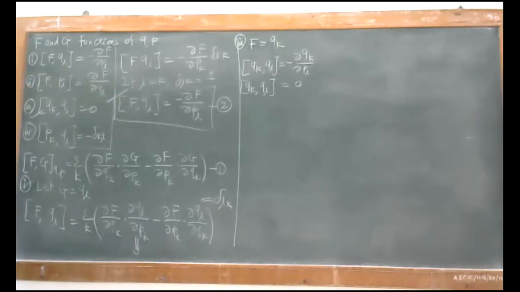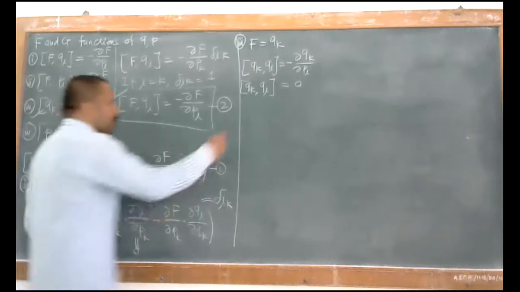Okay? Now we have to look at the fourth one. QL is common. ठीक है, पहिल्या याच्यामध्ये QL, दुसऱ्या याच्यात QL, तिसऱ्या याच्यामध्ये आणि चौथ्या याच्यामध्ये QL आहे. So I just take the fourth one.